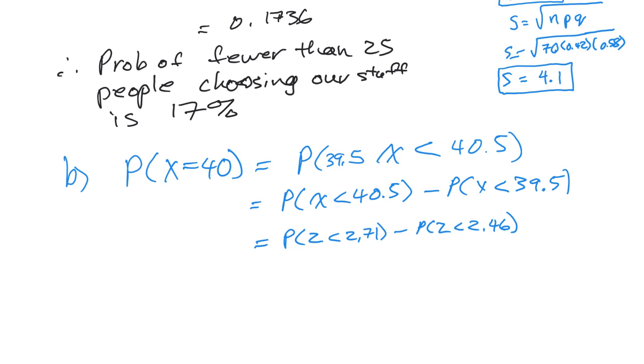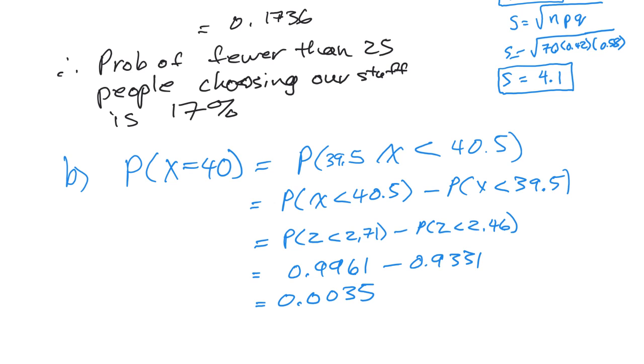So for z of 2.71, you've got 0.9961 minus 0.9331, which gives us an answer of 0.0035.